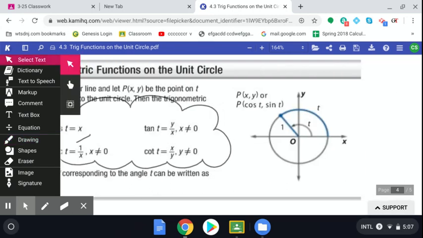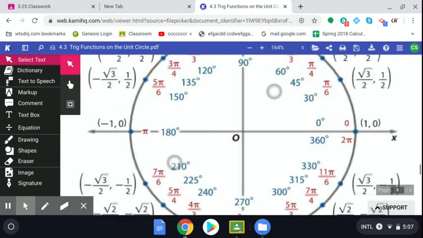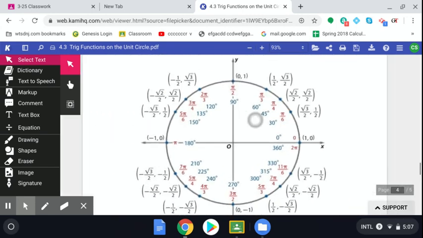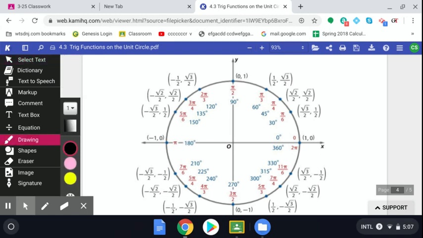Okay? All right. So now here is our good friend, the unit circle. We'll come back to it over and over again. So you have your degree measures in blue. You have your radian measures in red.